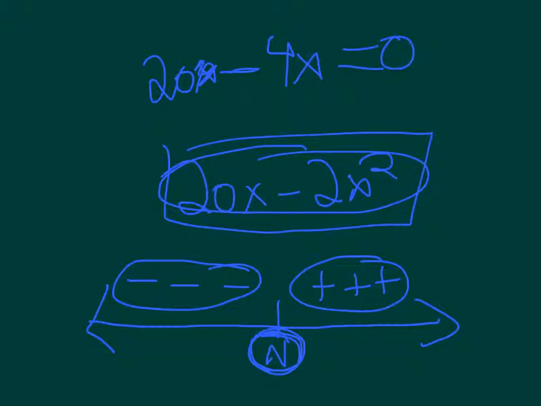Next, you can find the actual value by doing simple algebra, minus 20 divided by negative 4, and you end up getting x equals 5. We know that from the previous problem. Now this is important because this is a minimum, and that's what we're trying to find. We're trying to find the minimum amount of fence needed to fence in the area. That was the problem in the previous slide.